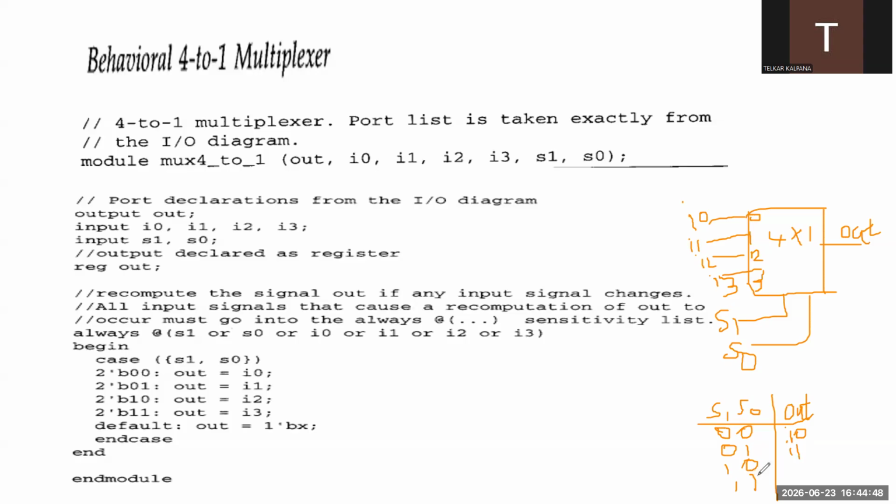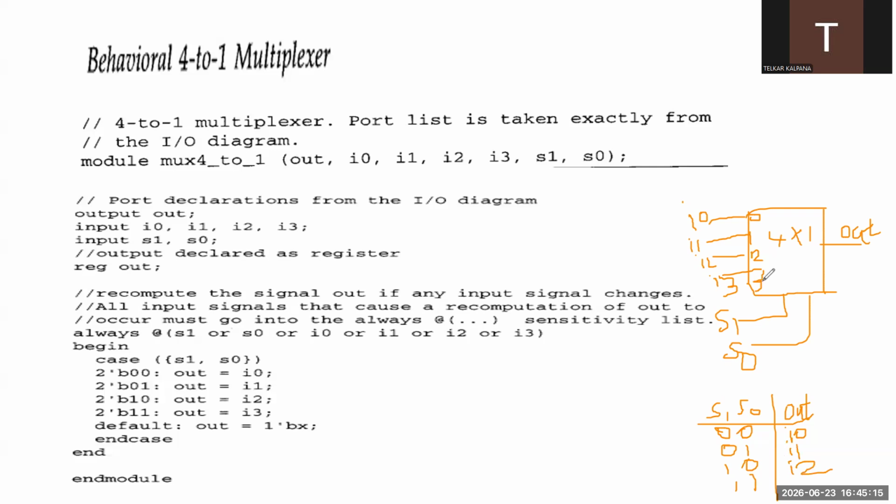When the input combination is 1 0, its decimal equivalent is 2. Then the input connected to line 2, nothing but I2, is assigned to out. So out is going to take the value I2. When the selector input combination is 1 1, its decimal equivalent is 3.